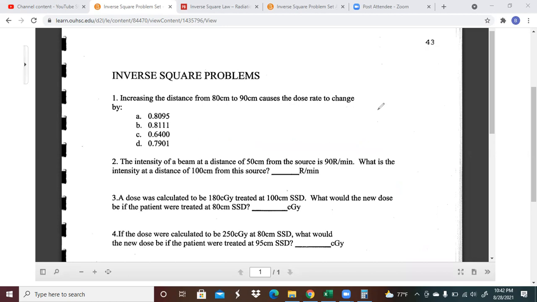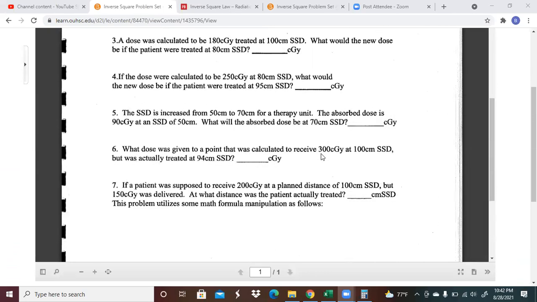Let's move on to number 3. The dose was calculated to be 180 centigray treated at 100 SSD. So what would the new dose be if the patient were actually treated at 80 SSD?